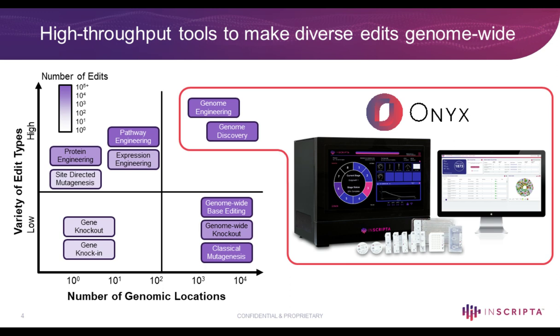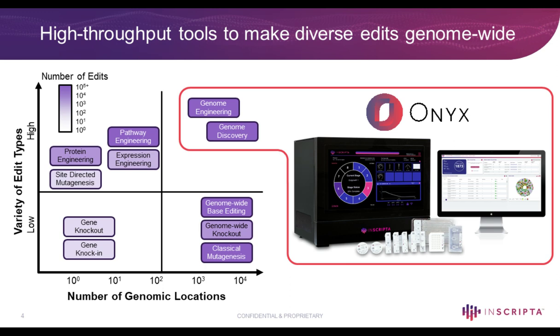On a different axis, you can think of the variety of different edit types that can be made. You can do whole pathway engineering, protein engineering, or site-directed mutagenesis, but those are all low in the number of locations that can be edited.